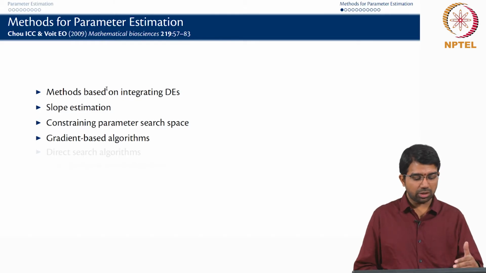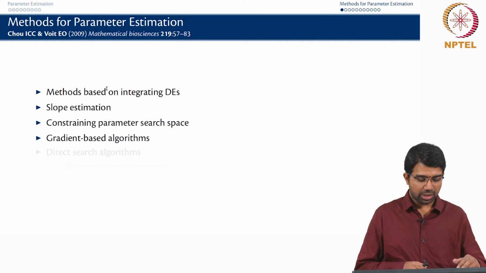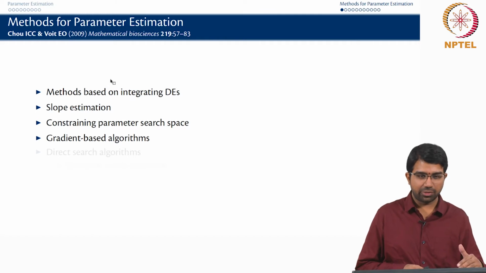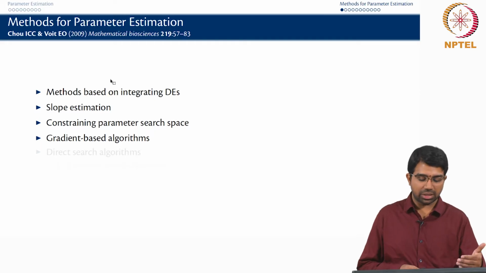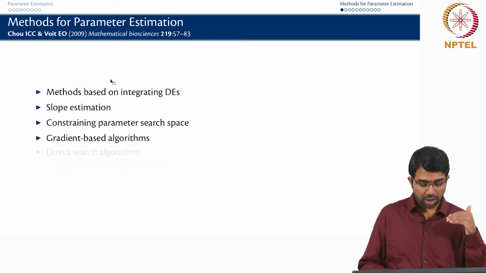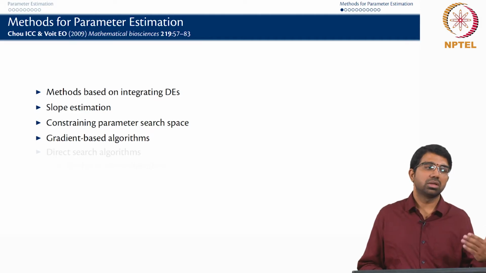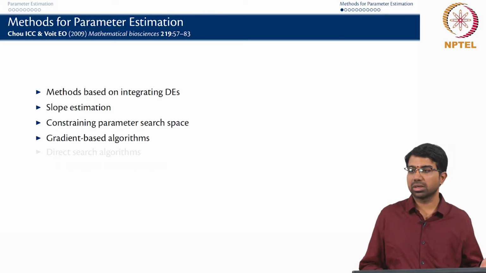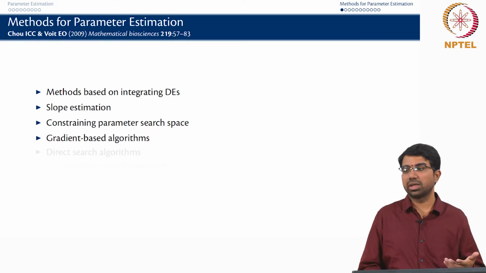But if you see, most of these algorithms are not very applicable to biological data sets. Everything involves integrating differential equations, and we will constrain parameter space, but basically gradient based algorithms are not very easily usable in biological data sets, because it is very expensive to compute the gradient.